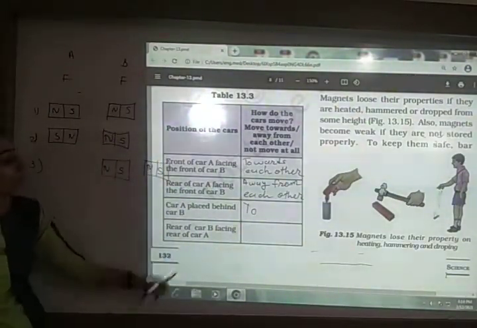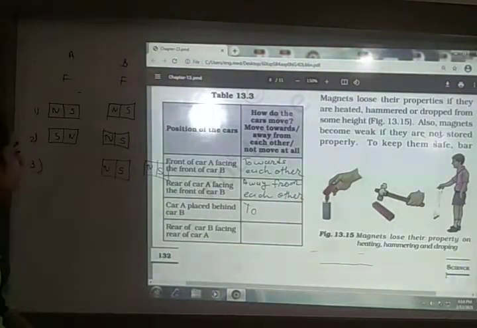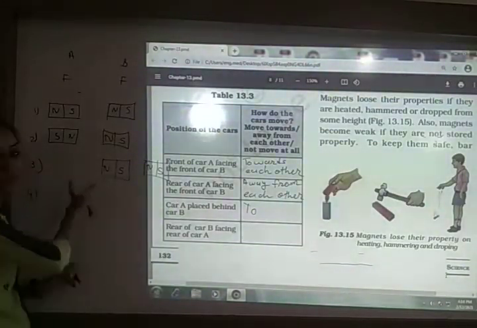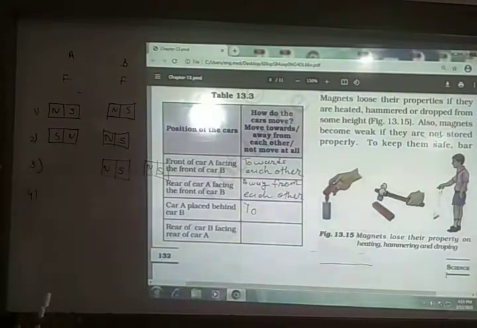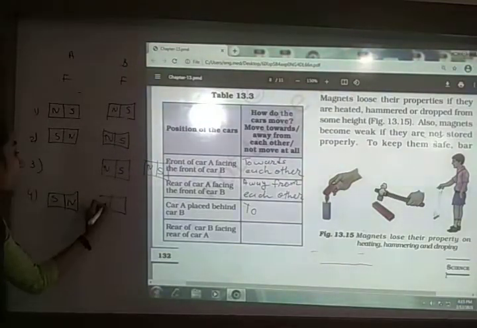Next is rear of B facing rear of A. That means both cars are facing each other's rear side. The poles on car A will turn like this, south and north, and on car B again the poles will turn, that is south and north.